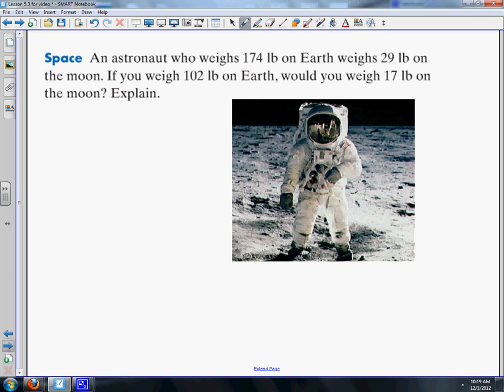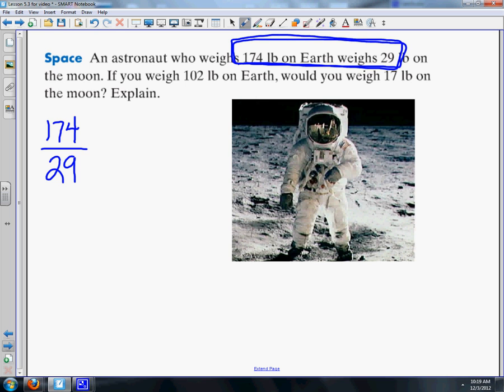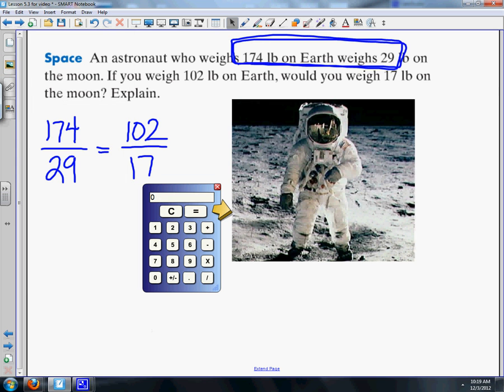Okay, so what I'm going to do is say, 174 pounds on Earth is 29 on the moon. Those two went together. So if I was 102 pounds on Earth, could I weigh 17? So then you take out your calculator, and I'm going to do 174 times 17, and that equals 2958.